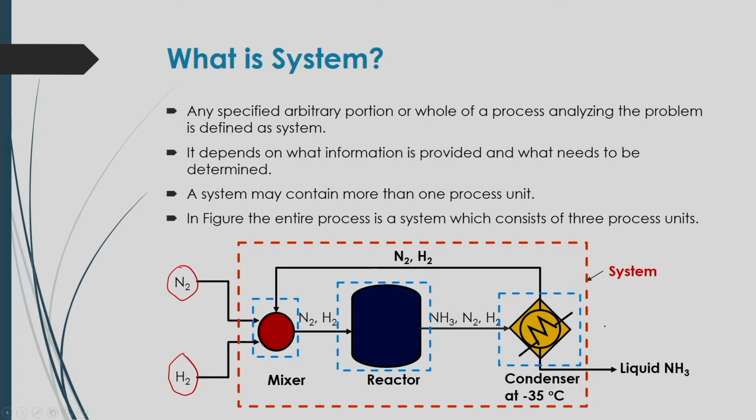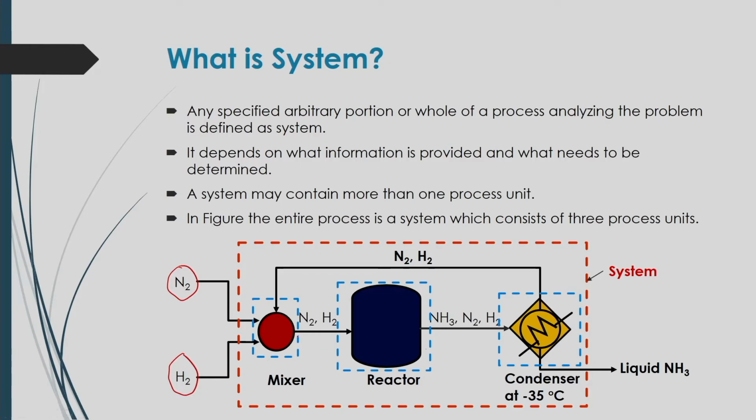So, for the analysis of the process, you can consider each individual unit as a system. Here the mixer is one system. Similarly, the reactor is one system, and the condenser is also one system.